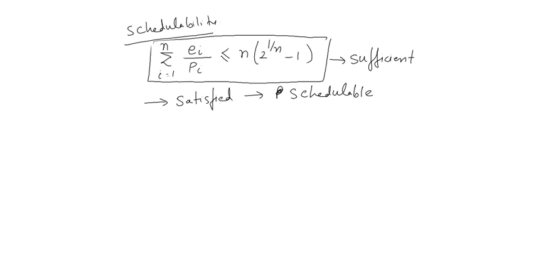But if it is not satisfied, you cannot say that they cannot be schedulable. It could be schedulable in that case also, but if this is satisfied, you can say that the tasks are schedulable. We are not going into the proof of this one. If you want to study the proof, you can read the paper by Liu and Layland.